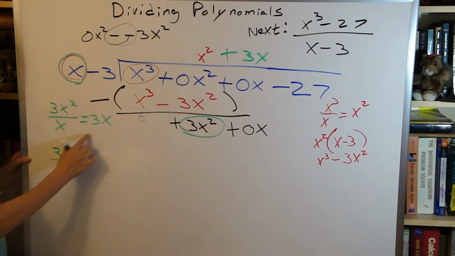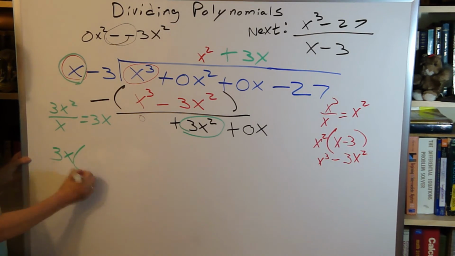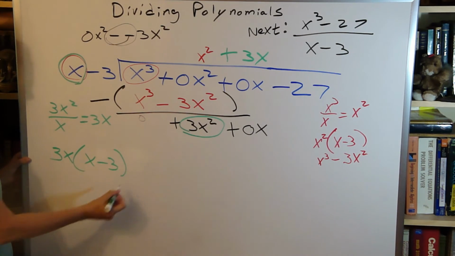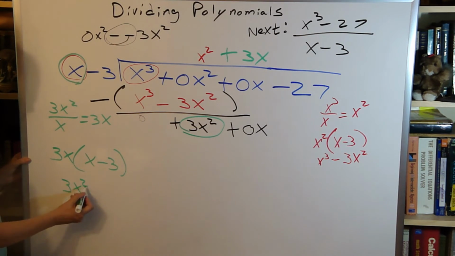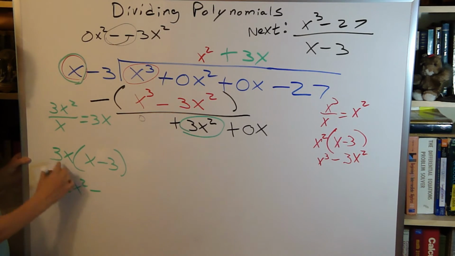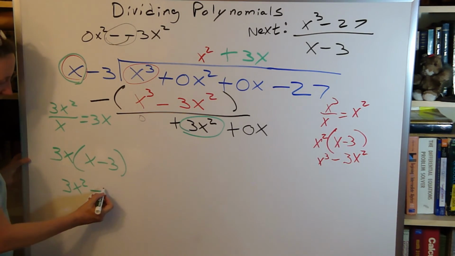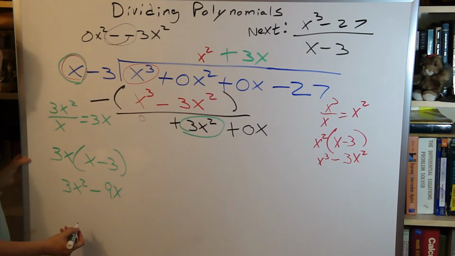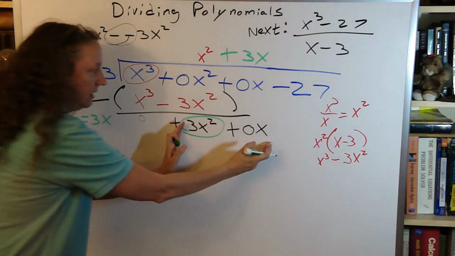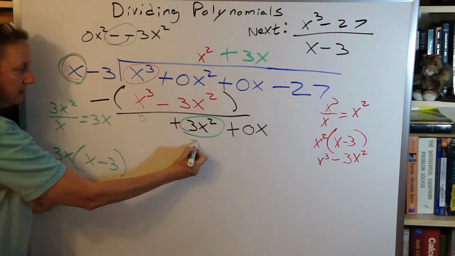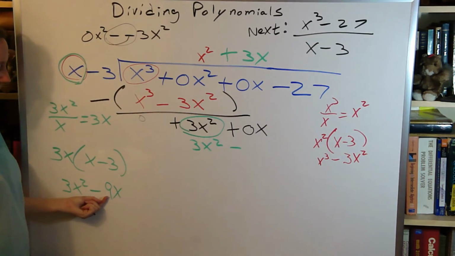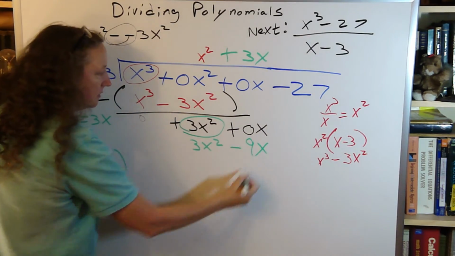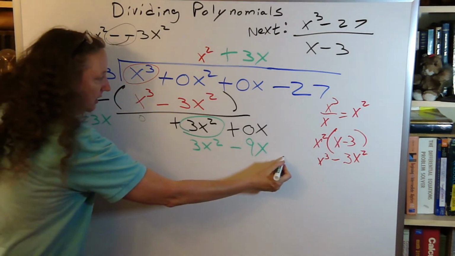Now I take my 3x that I got, and I multiply it by the entire thing here. 3x times x is 3x squared minus 3x times 3, 9x. I take this and I line it up with that. So I have 3x squared minus 9x. And I am subtracting.